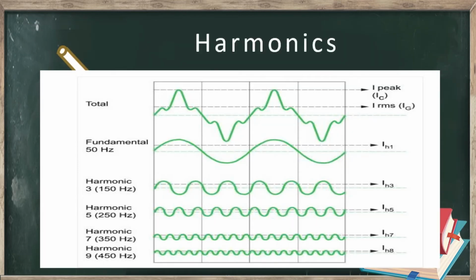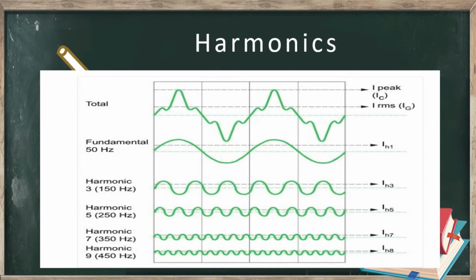So here are the harmonics that I told you about, which are from the fundamental: the third harmonic, fifth harmonic, seventh harmonic and ninth harmonic. So what exactly is a harmonic? Take the third harmonic, for example. From peak to peak to complete one cycle, there are 1, 2, 3 peaks.